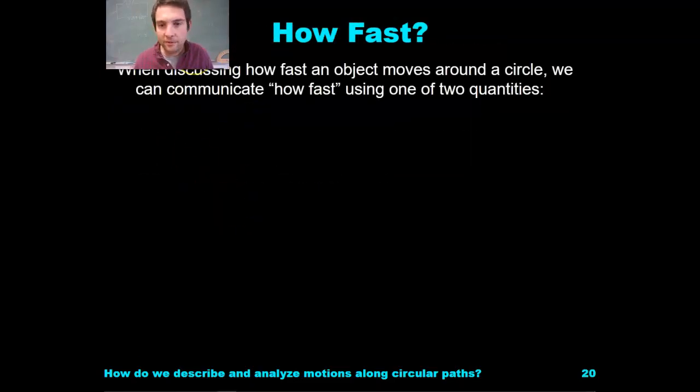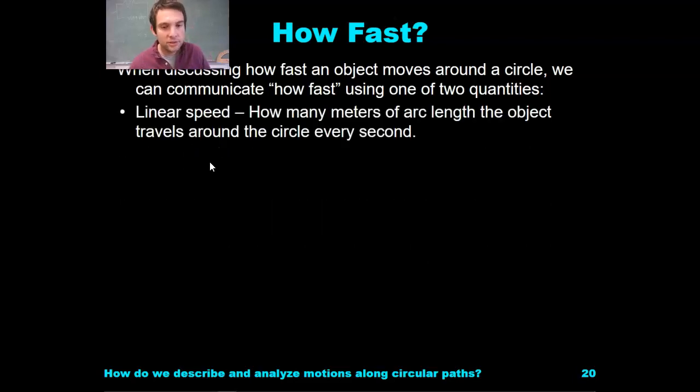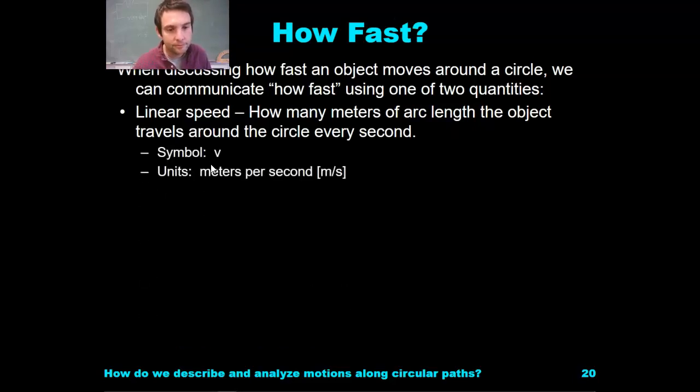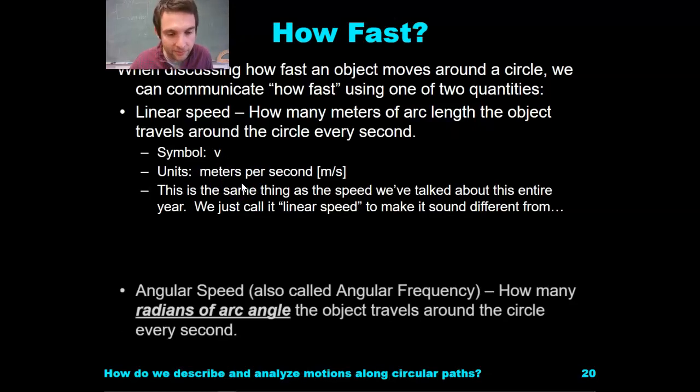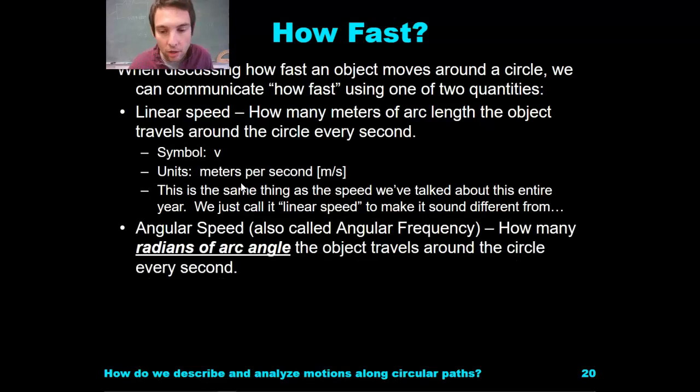So, when discussing how fast an object moves around a circle, we can communicate how fast by using one of 2 quantities. Linear speed: how many meters of arc length the object travels around the circle every second, using the symbol v. Meters per second, right? This is the same thing as the speed we've talked about this entire year, so we're just going to call it linear speed to make it sound different from angular speed, also called angular frequency: how many radians of an arc angle the object travels around the circle every second.